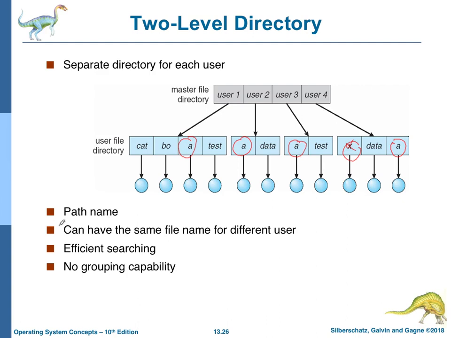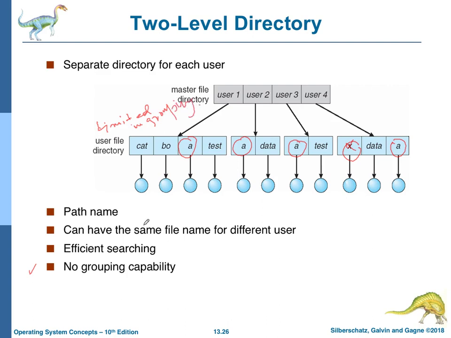So we have resolved the grouping issue and the naming issue, but the efficiency of this grouping is still not good, because we can have only one A for a user. If we want to add another A directory for user 1, we cannot do that. We are still limited in grouping.